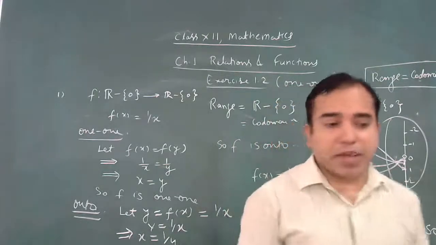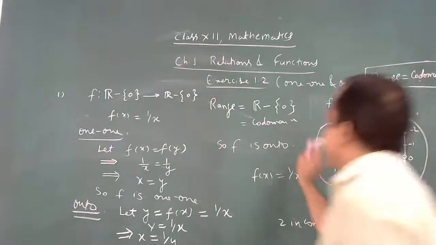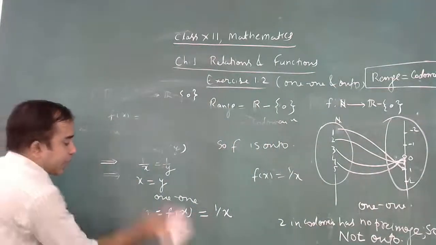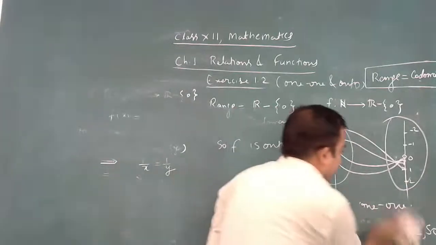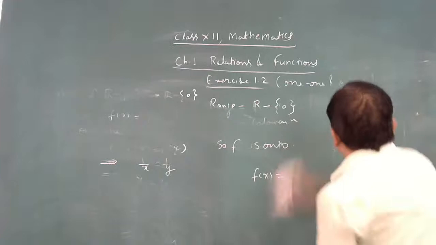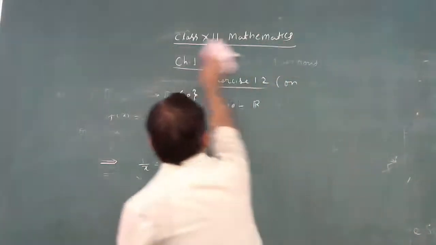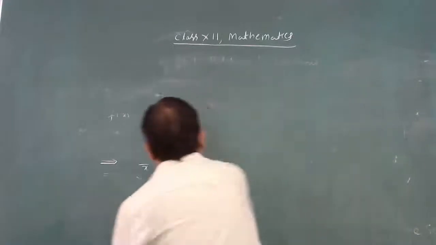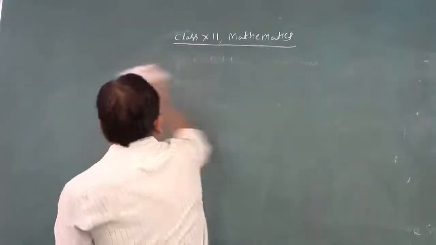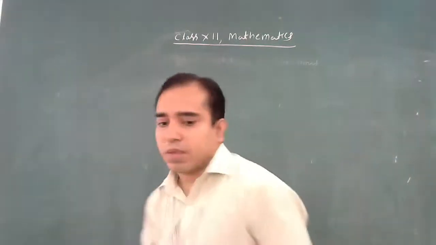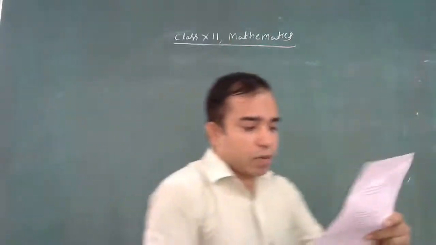Question number 2, without any delay, let's see. Here also they are asking us to check whether the function is 1 1 and onto or not. Let us check question number 2.